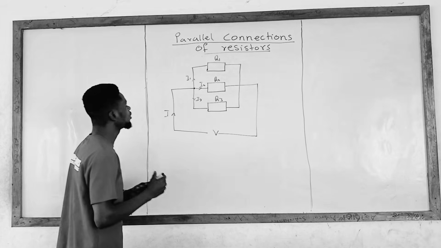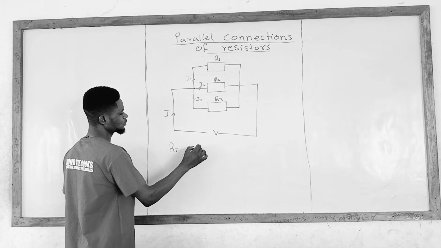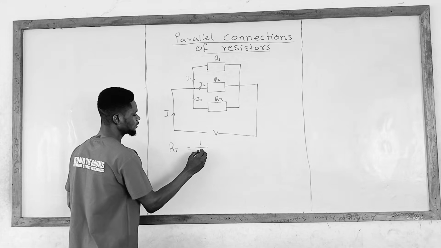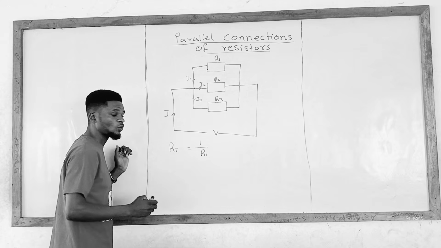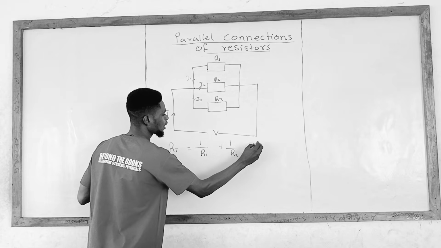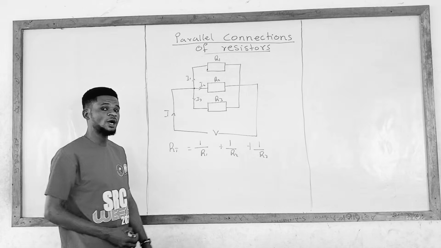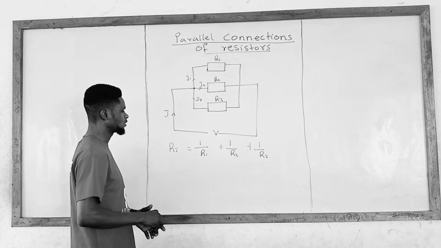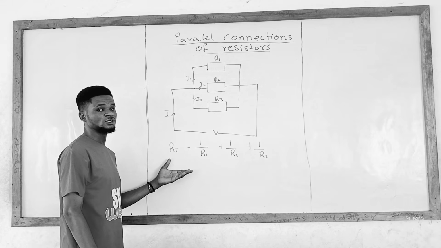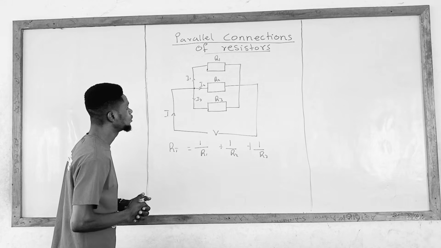It's less than the smallest branch resistance, which means the total resistance is equal to 1 divided by R1 plus 1 divided by R2 plus 1 divided by R3, depending on the number of resistors in the circuit. So to find the total resistance in parallel, this is the formula to do that.